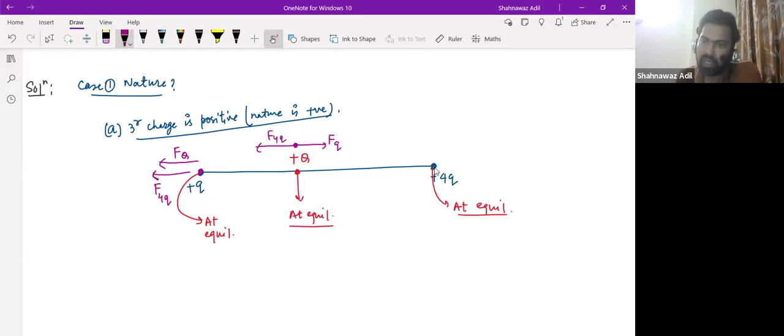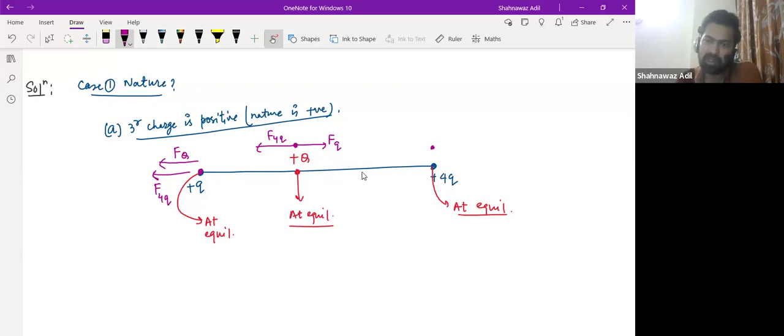F4Q. And now let us come to this point. So at this point, what would be the force due to this one, right or left? Forget about this one. We are only talking about this one and this one. Due to this one, left. Will this plus Q attract this thing or repel?